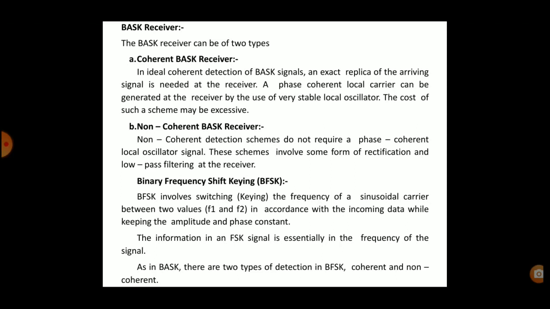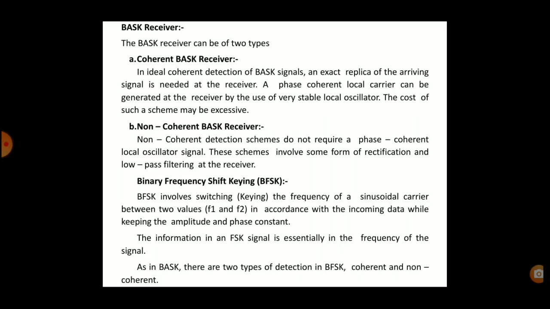The cost of such a scheme may be excessive. Non-coherent BASK receiver. Non-coherent detection schemes do not require a phase coherent local oscillator signal. These schemes involve some form of rectification and low pass filtering at the receiver.